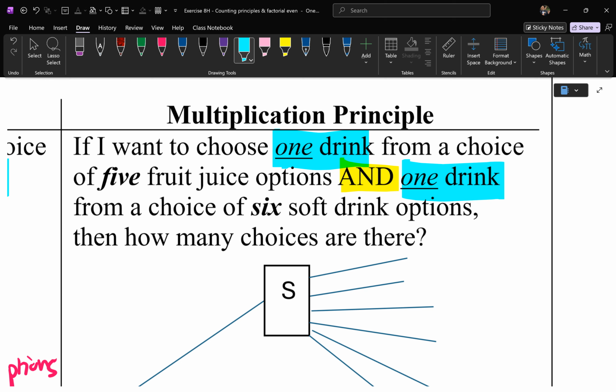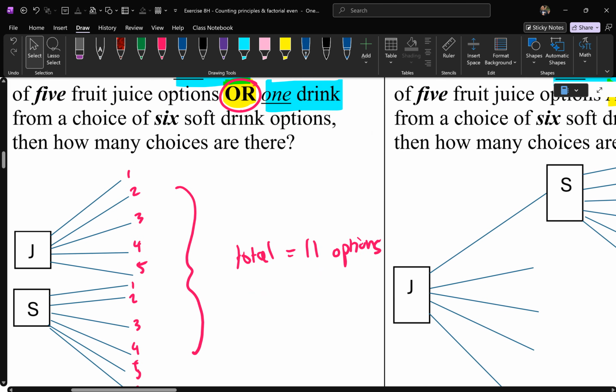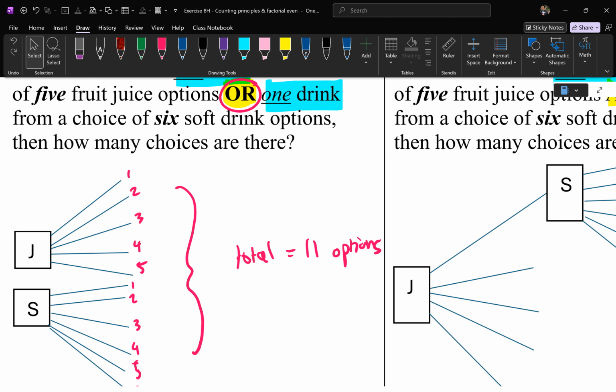This now means you end up with how many drinks? 2 drinks, because one is a fruit juice and then I'm going to have a soft drink. So I actually walk out with 2. Whereas the first scenario, I'm choosing one or. So it's either juice or soft drink. So you actually walk out with one bottle, but you had 11 options to choose from.